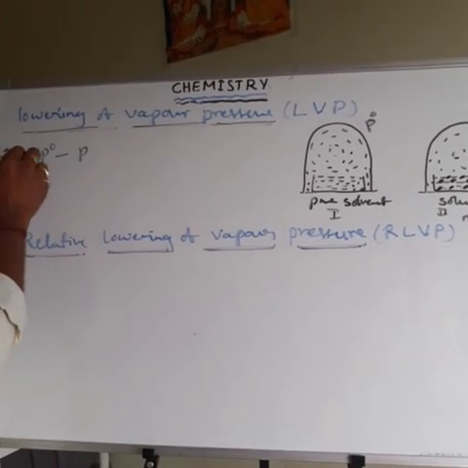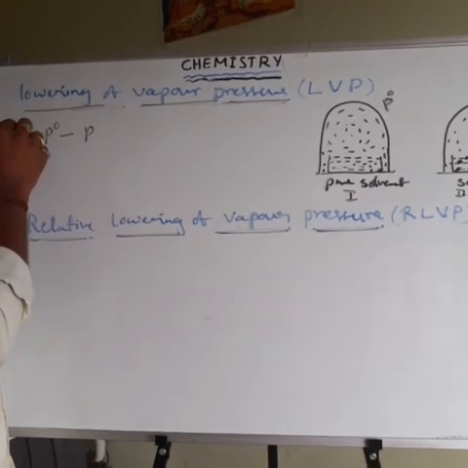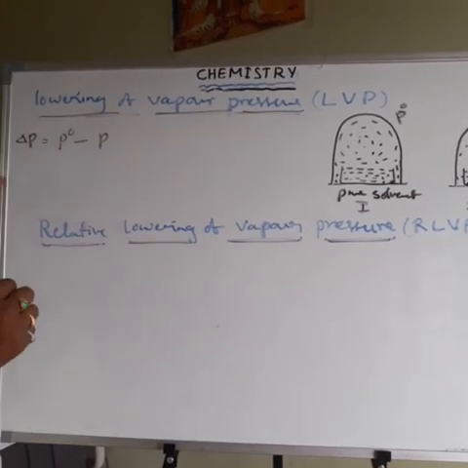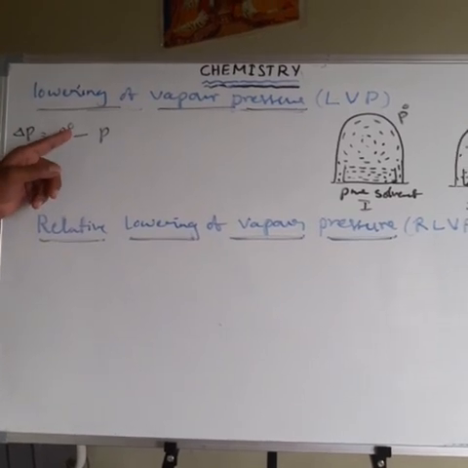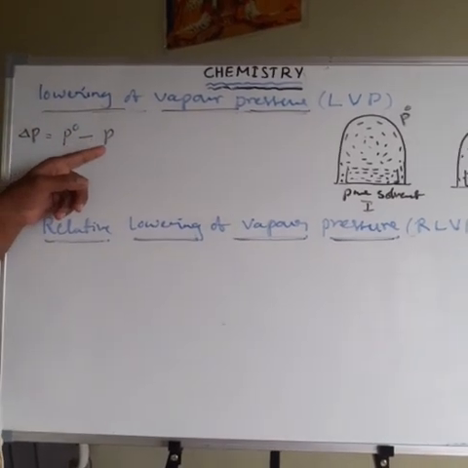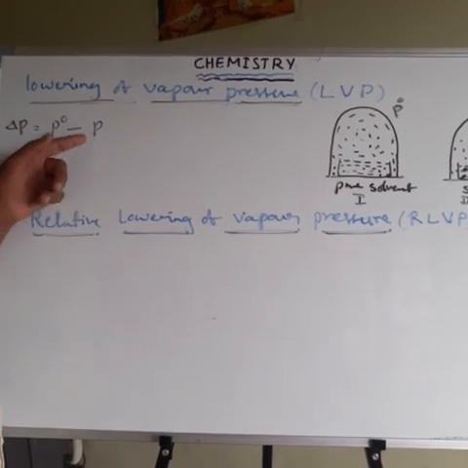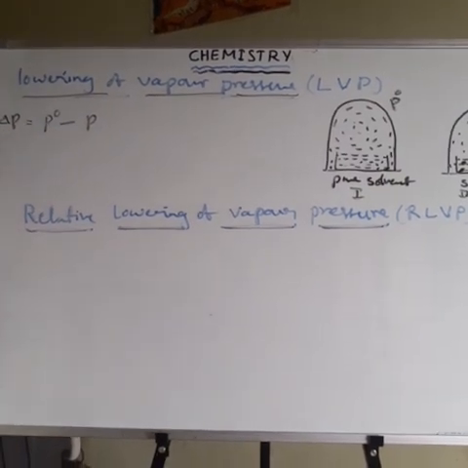That difference is represented by delta P. Delta P, the lowering of vapor pressure, is equal to P naught minus P.